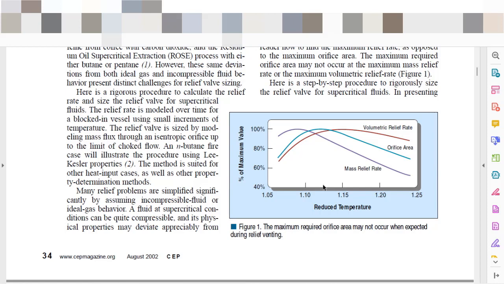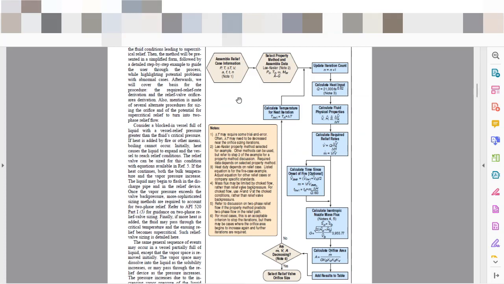He has shown in his paper that the maximum orifice, or the orifice to be chosen, is not necessarily when we have the maximum mass relief rate or the maximum volumetric relief rate. In his procedure, we need to do an iterative calculation to find the required area of the pressure relief device.